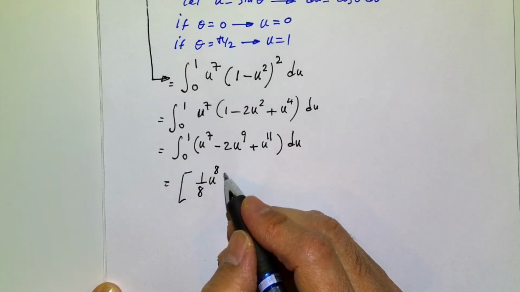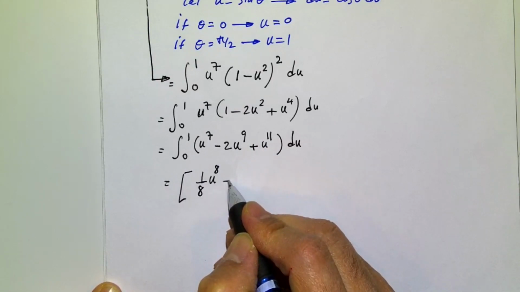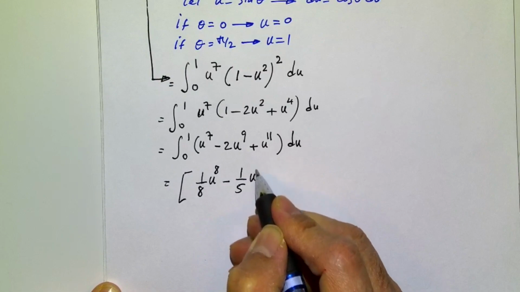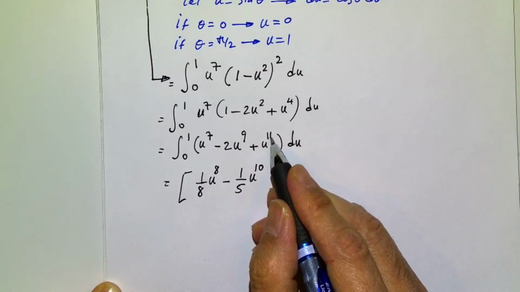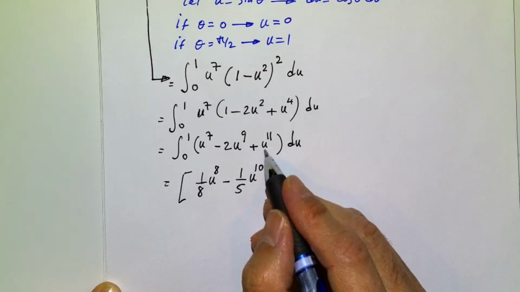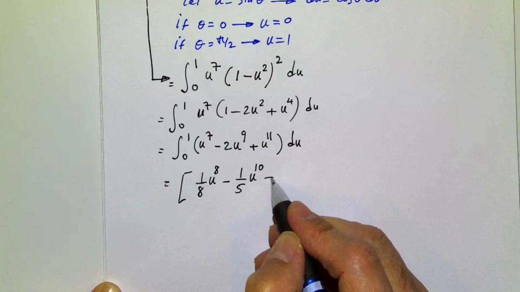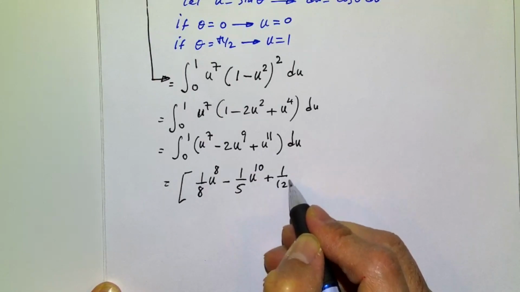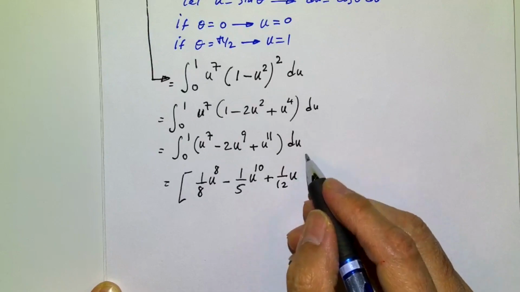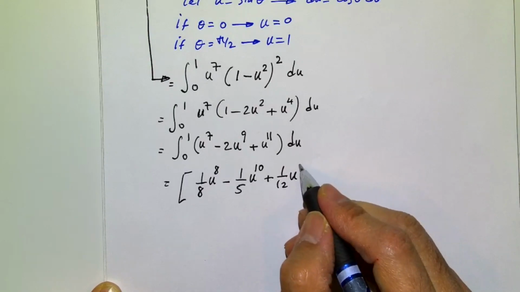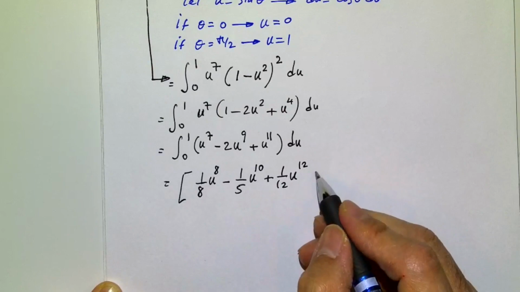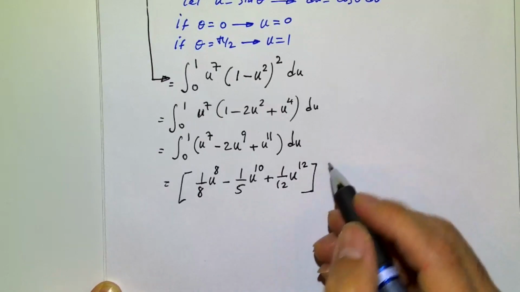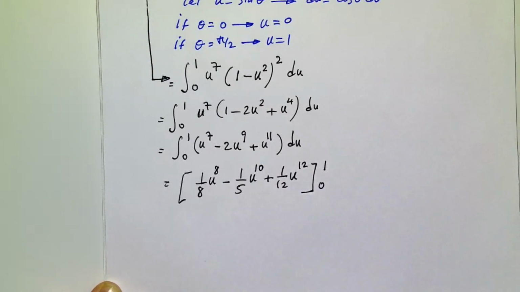Minus 2 over 10, which we can simplify to minus 1 over 5, u to the 10th power. Then add 1 to this power, divide this term by the new power 12. So we get 1 over 12 u to the 12th, like that. And of course, we close the bracket and then evaluate from 0 to 1.